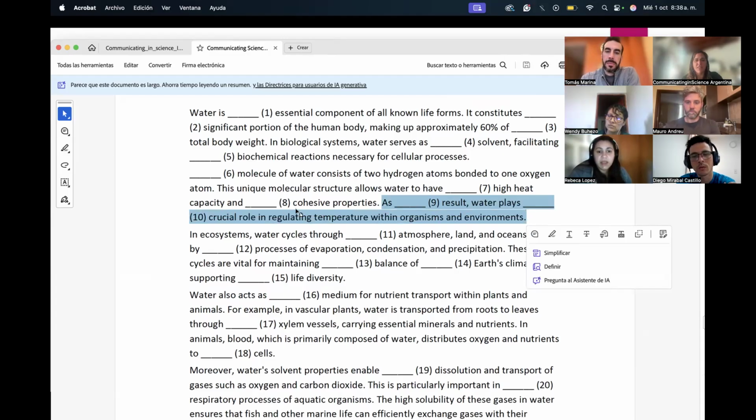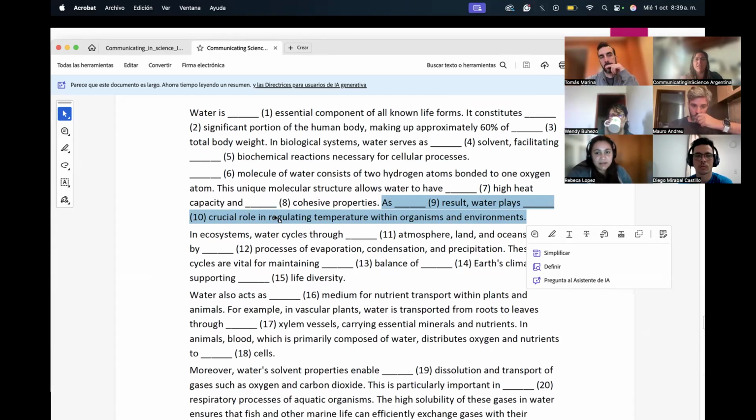Because in the previous sentence, you say that this is a particular structure, and this is the result of that. Yeah, the idea here is that water has many functions on Earth, many results.